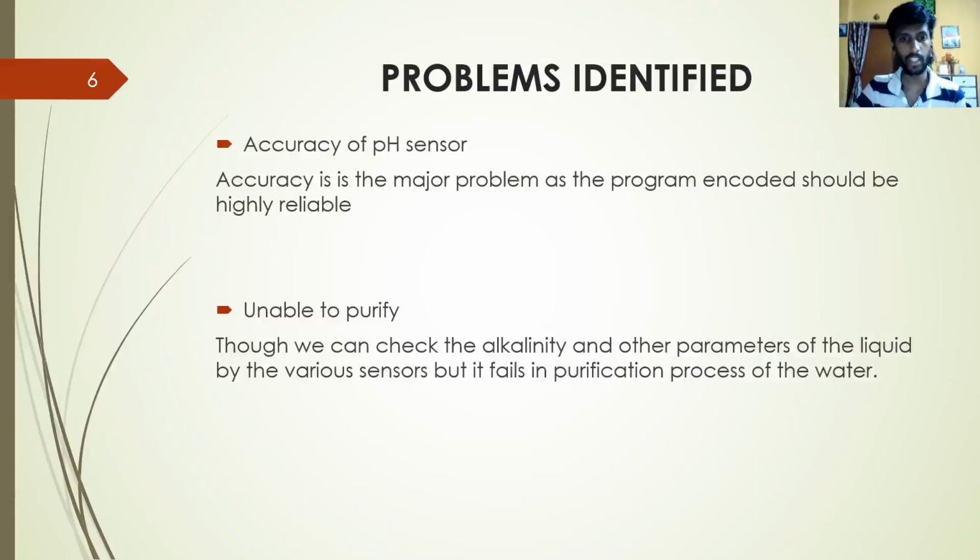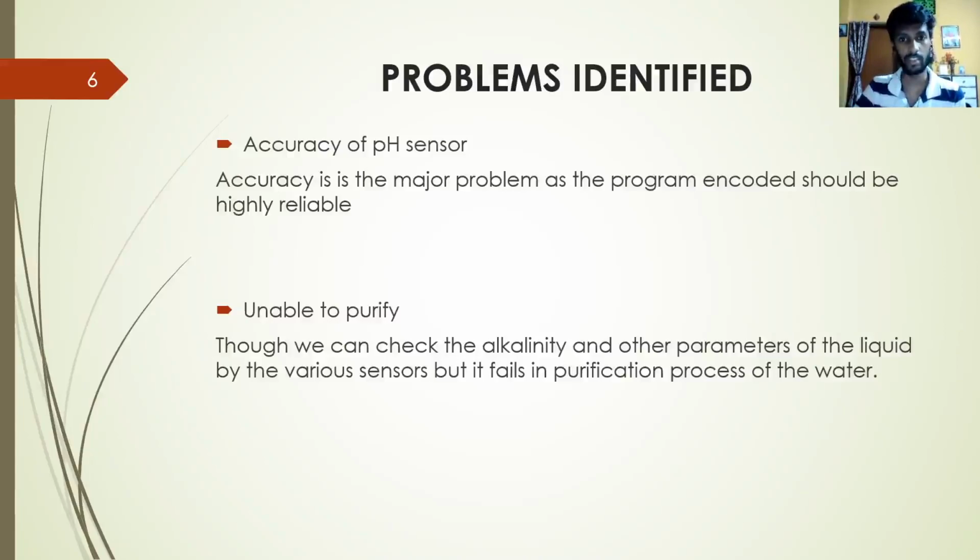When we are checking it, it needs to be calibrated more often than we require. After calibrating, it comes to an accuracy. So it will be highly accurate if we calibrate it after every few seconds.